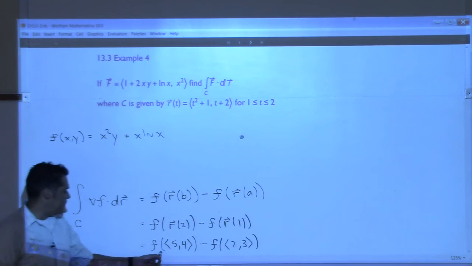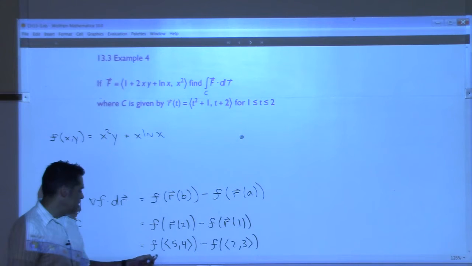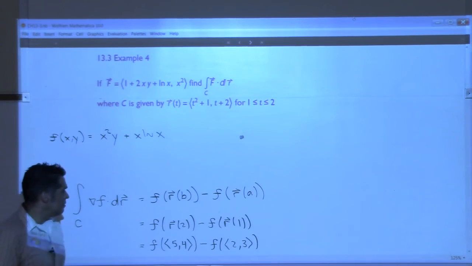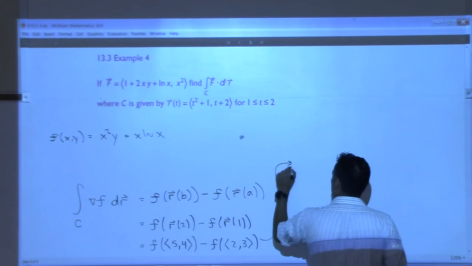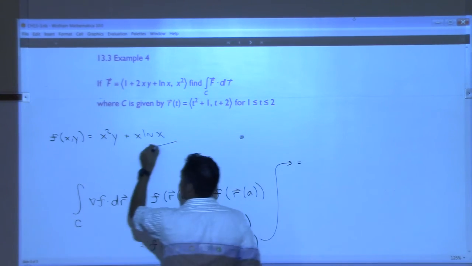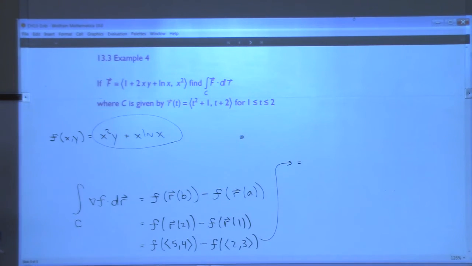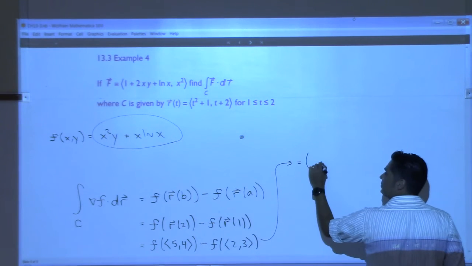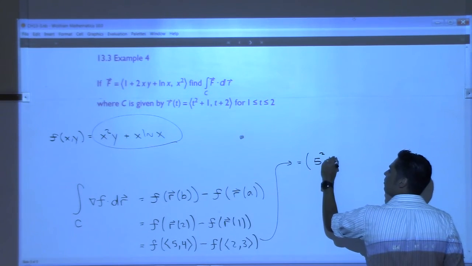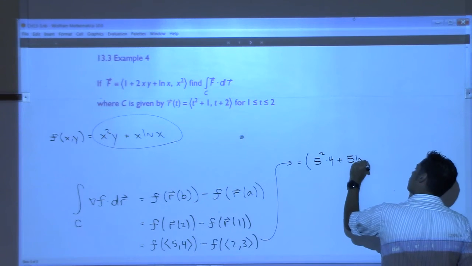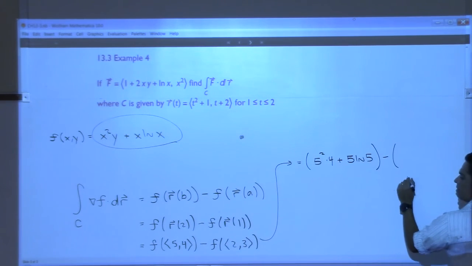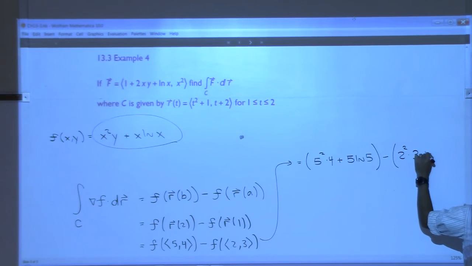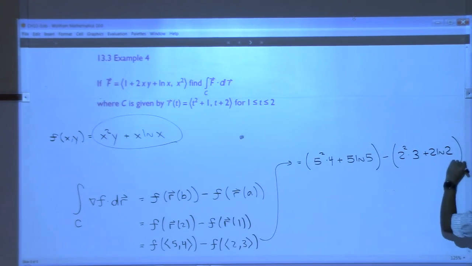And now what happens when you plug this vector into the scalar function? This is just your x and y. So now we can use this function. So this will be equal to 5 squared times 4 plus 5 natural log 5 minus 2 squared times 3 plus 2 natural log 2.